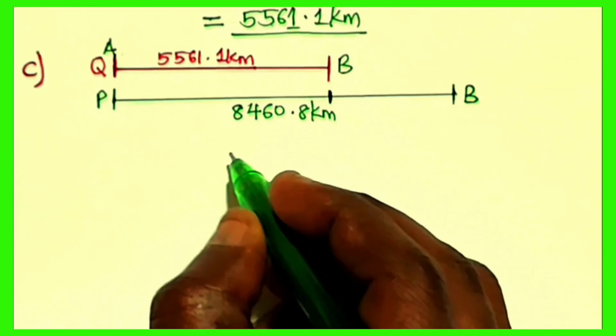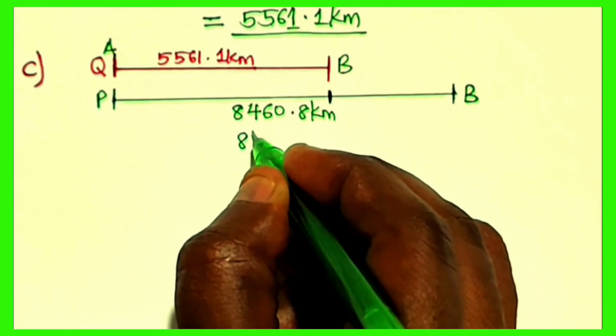We take 8,460.8 kilometers and subtract 5,561.1 kilometers. And by subtraction here, we get our answer as 2,899.7 kilometers. And remember, this is distance along a great circle, and this is distance along a small circle.